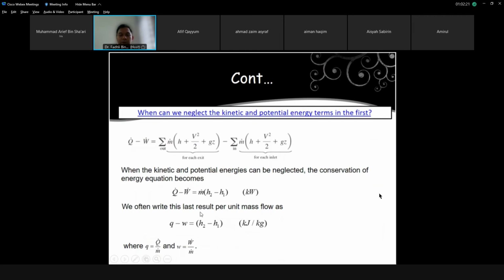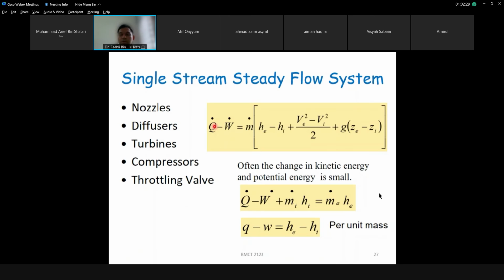Compared to this equation, it's quite confusing because Q dot apa? W dot, what kind of W dot? Tapi if you understand very well the energy balance equation, then you know this Q dot is actually Q dot in minus Q dot out. And this W dot is actually W dot out minus W dot in.